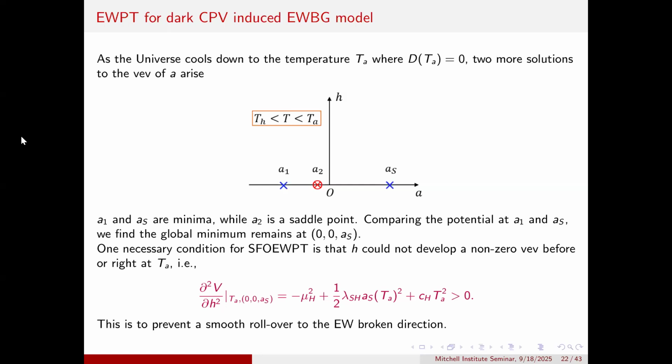And this is actually important because we don't want the universe to smoothly roll over to the electroweak broken direction with a non-zero Higgs vev. We want it to go through a first order phase transition. So at this point, we want to impose the condition that this A_S is indeed a minimum in all directions. So we impose the second derivative in the H direction to be positive at this temperature.